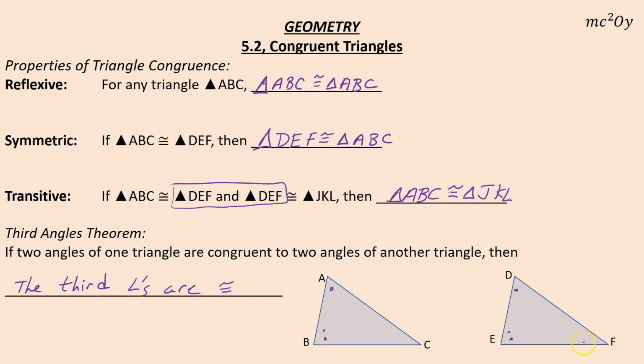So the third angles then would have to be congruent. So if I put some measures in, say this was 60, this was 80, and that would be 140, which would make this 40. So this would be 60, because they're congruent. This would be 80, which would also make this 40. Okay, that's how that works. So if 60 and 80 are congruent, the last one in both triangles has to be 40.